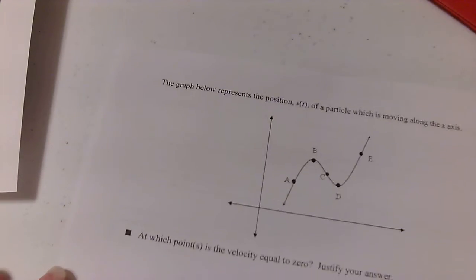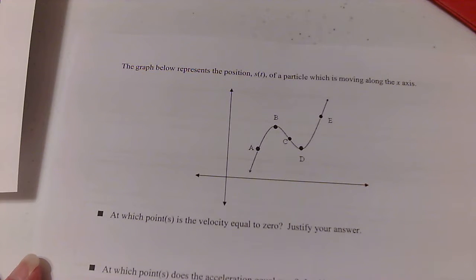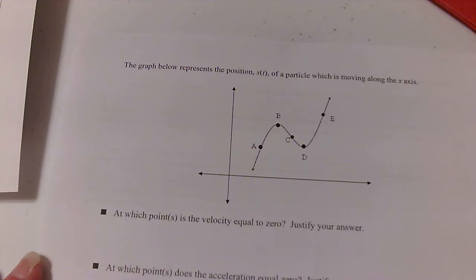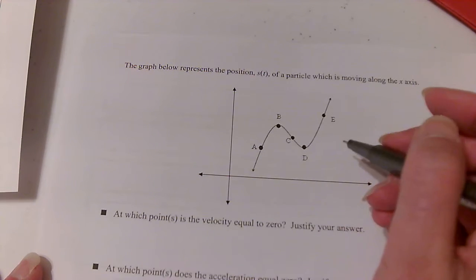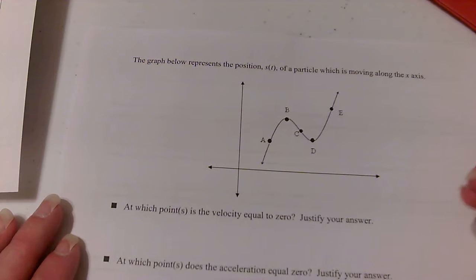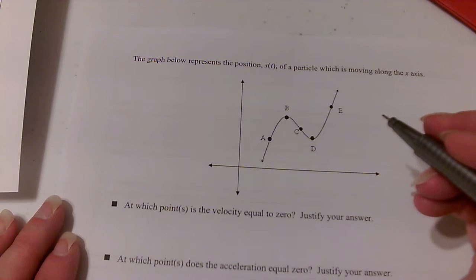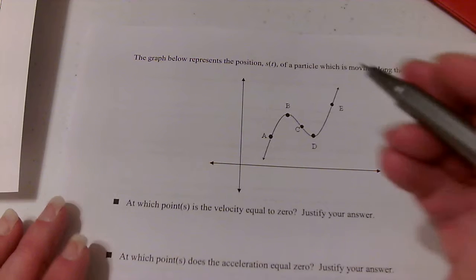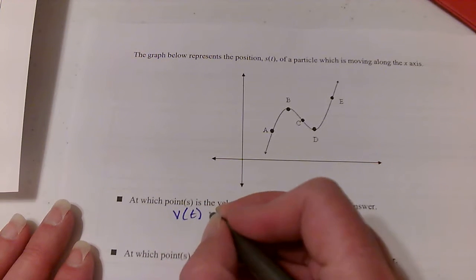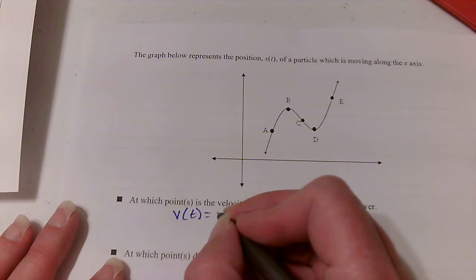Now let's look at a graph of particle motion. Note that the particle's not moving up and down, it's moving left and right. At which point is the velocity equal to 0? Remember, velocity is the derivative of position.